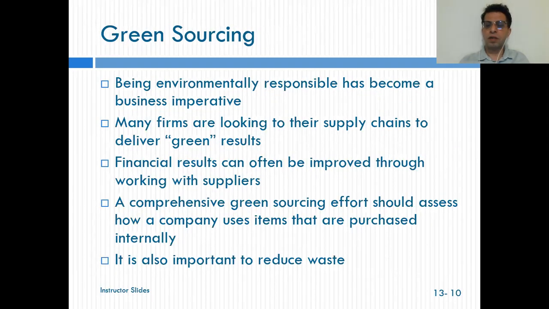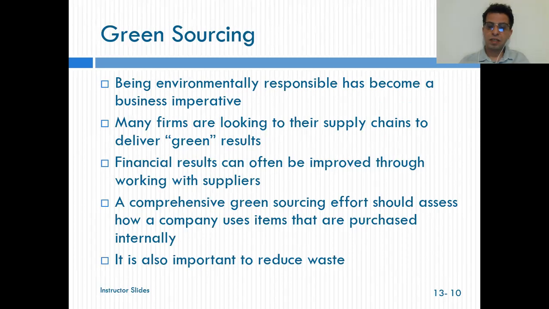Now, there is another thing that we saw with the Subaru movie: being environmentally responsible has become a business imperative. Many firms are looking to their supply chain to deliver a green result. Financial results can often be improved through working with the suppliers.